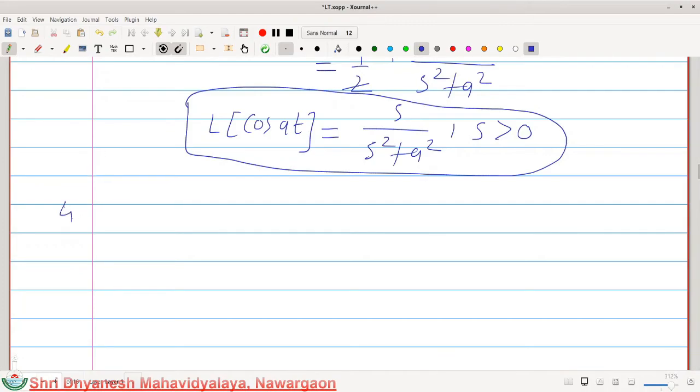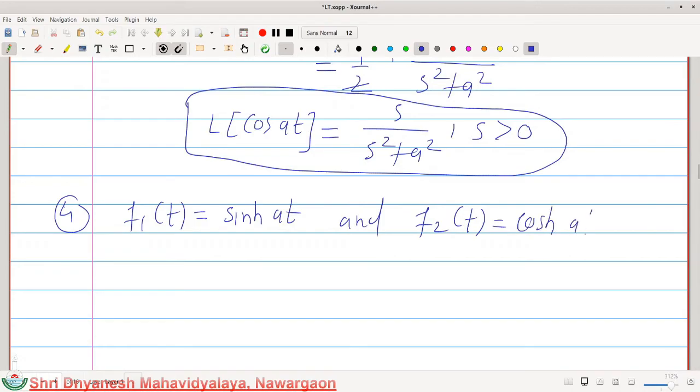So number 4 can give, if f1(t) is taken as sinh(at) and f2(t) as cosh(at).